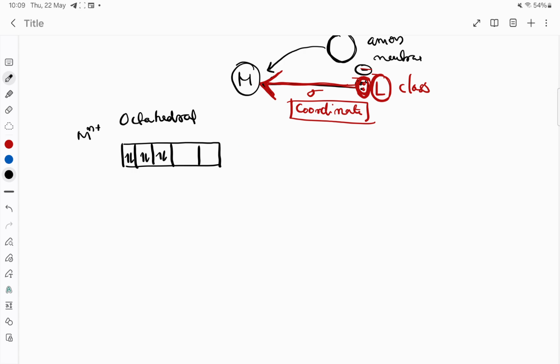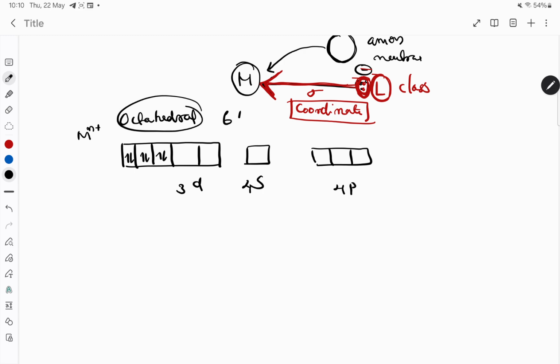So the orbitals involved are the 3d, then 4s and 4p. In an octahedral complex there are six ligands in total, and each ligand gives its lone pair of electrons, coordinated through a newly hybridized orbital formed by combining these.